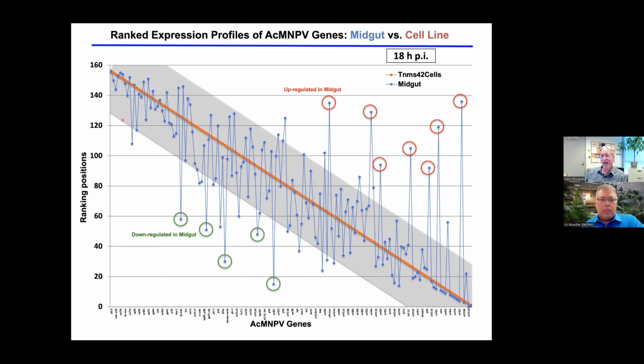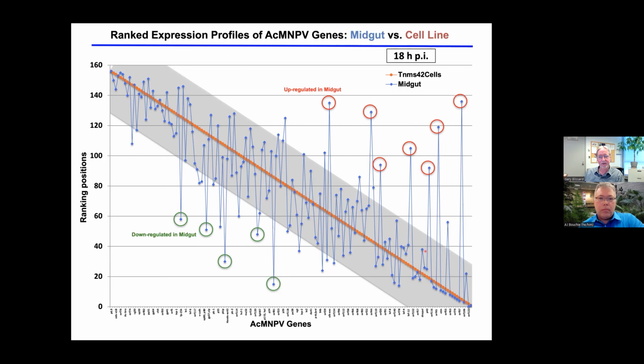And then we overlay on that the profile of each gene's expression in the midgut. We're looking for how the expression of these genes differs in these different phases of the infection cycle in the animal. These circles just circle those that fall outside.